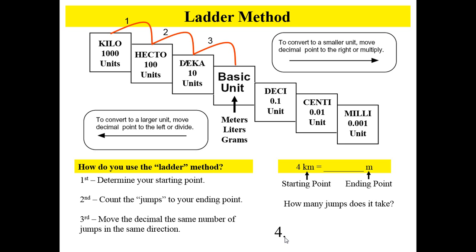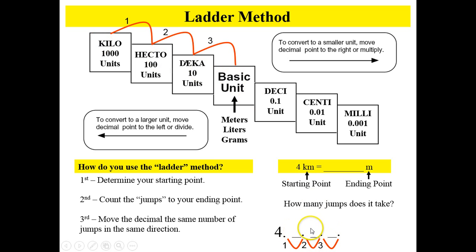Then you do what I like to call whoops. You take the number of steps that you went from starting point to ending point, and you do that many whoops with your pencil. 1, 2, 3. In essence, what you're doing is moving that decimal point 1, 2, 3 spots, in this case to the right, because we went down the ladder.